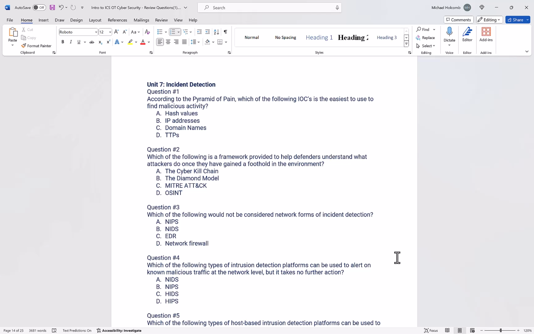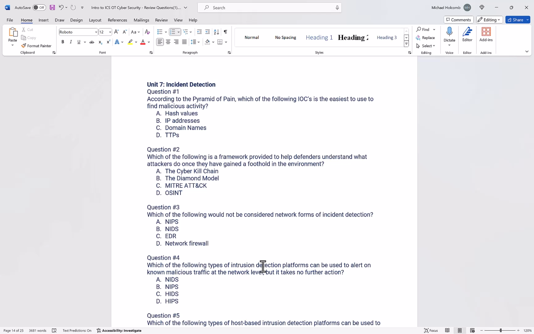I looked at the hash value as the most specific to a file, right? If we have that, we know absolutely without a shadow of a doubt, if it's a known malicious file, it's always going to be malicious no matter where in the world we see it.